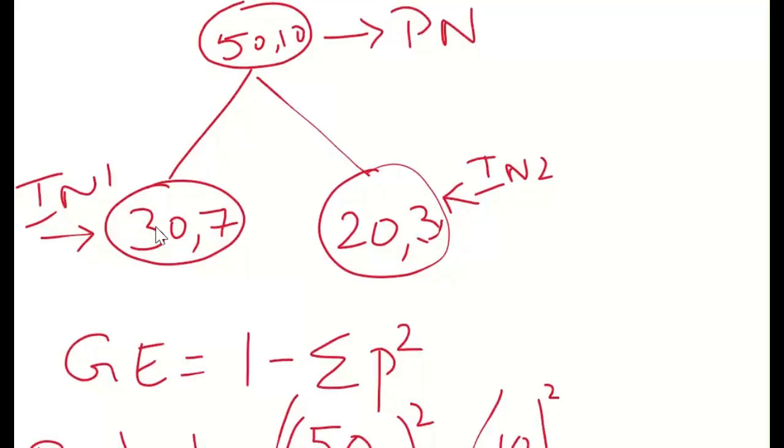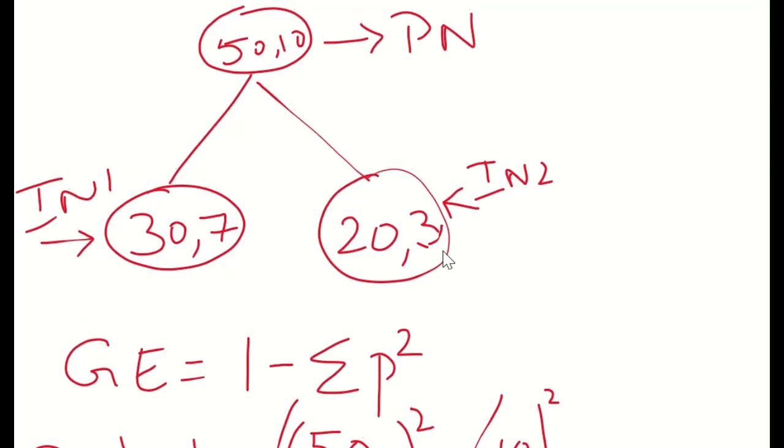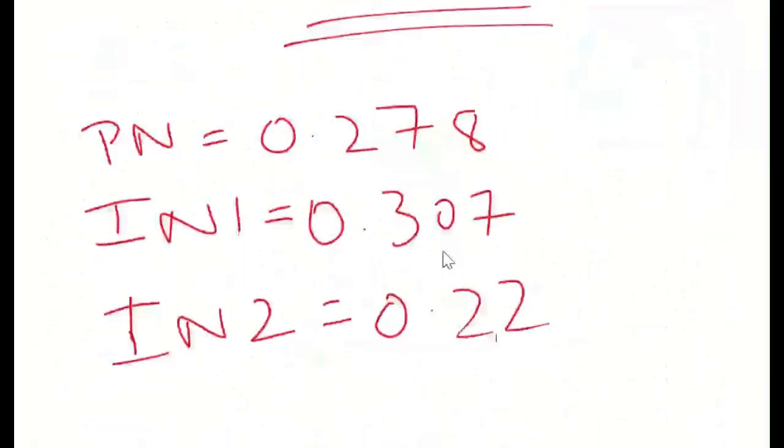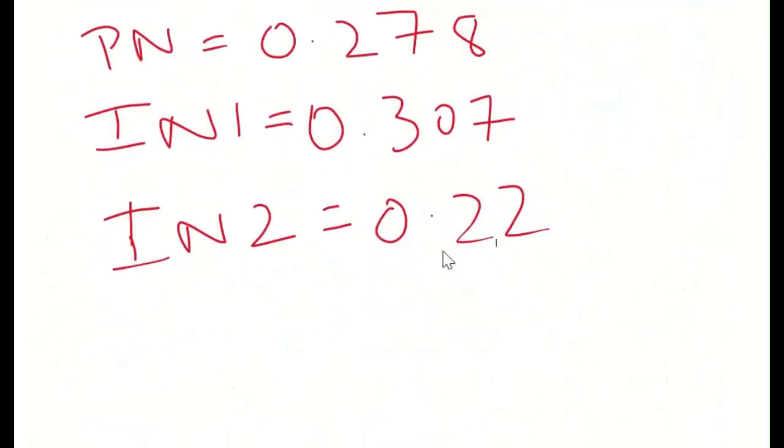All of these numbers that we are seeing will help us mathematically represent those impurities. But for calculating the information gain, it will be done as follows.